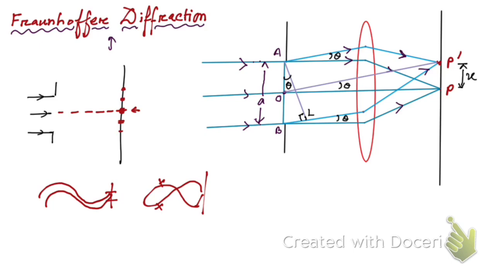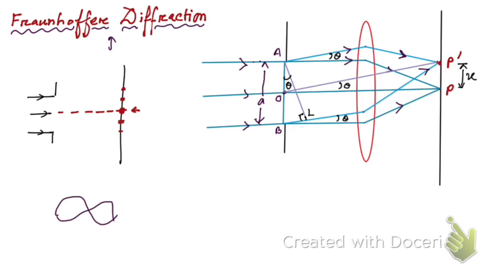I said this just for visualization. So at this point you get a dark fringe if the waves are out of phase.